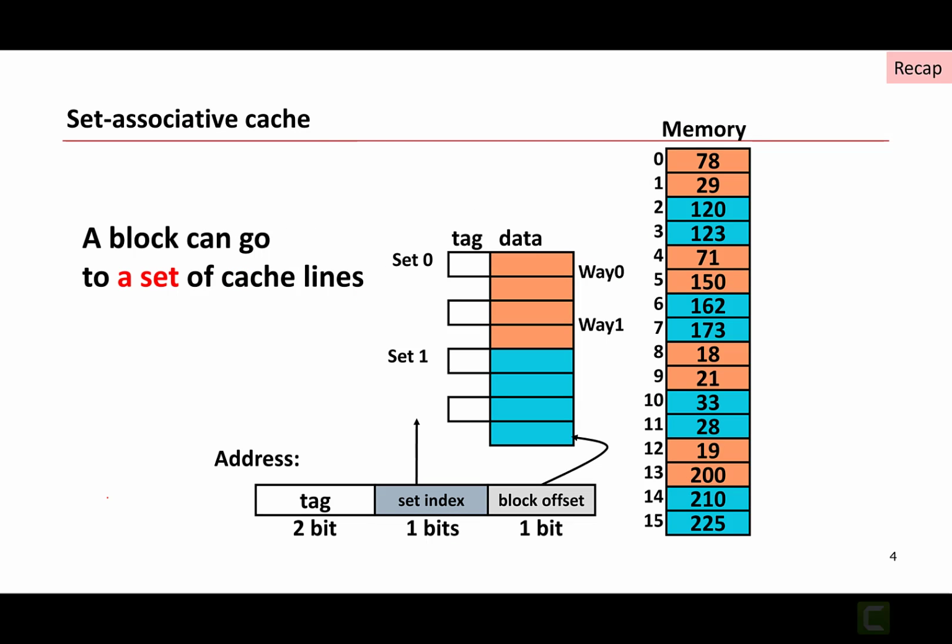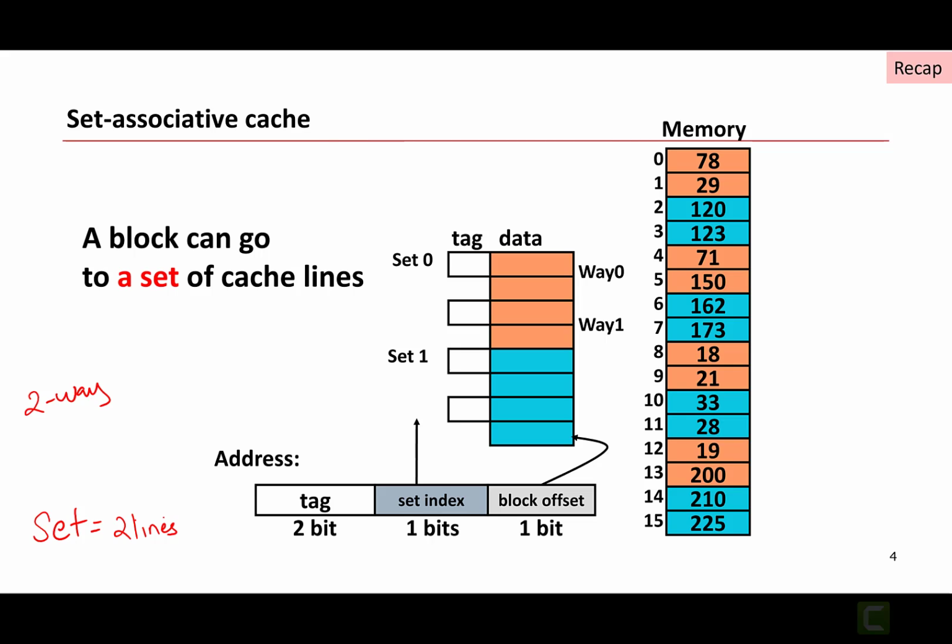In the case of a set associative cache, a set contains as many cache lines as the number of ways. So for example, in the case of a two-way set associative cache, each set has 2 cache lines, like I'm showing here in this picture.